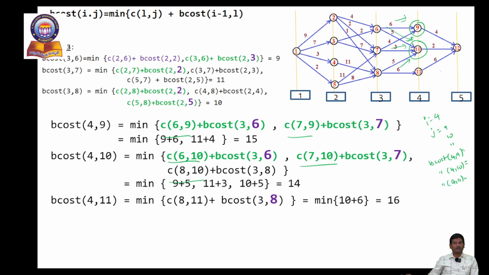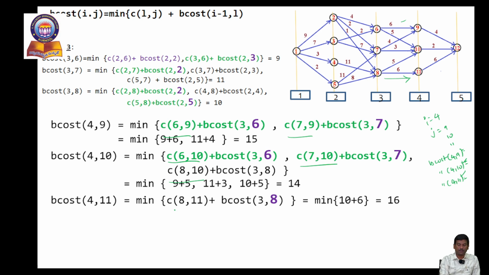And you have to find the next part. We have found bcost of 4 comma 9, bcost of 4 comma 10 has been found, and bcost of 4 comma 11 has to be computed. So look at the vertex 11. From 11 there is only one edge connected, and the vertex is 8.